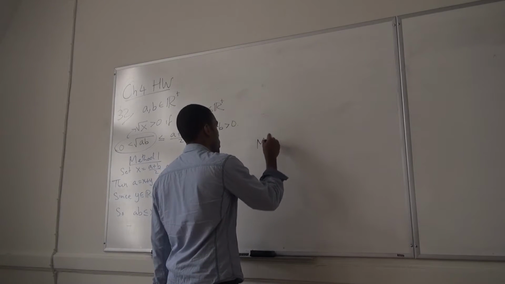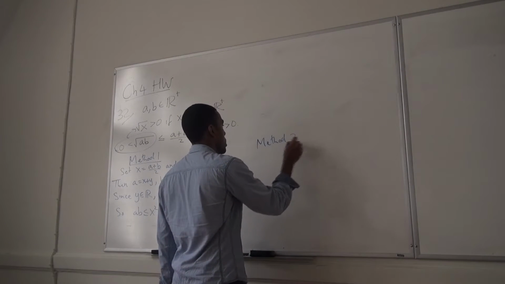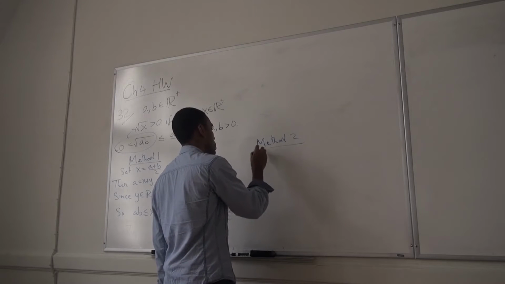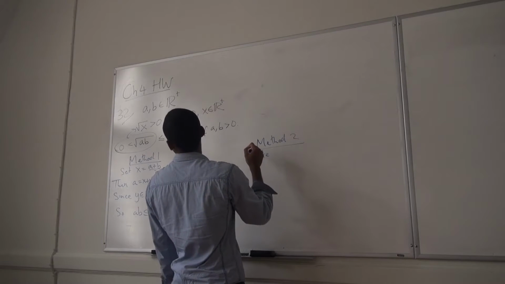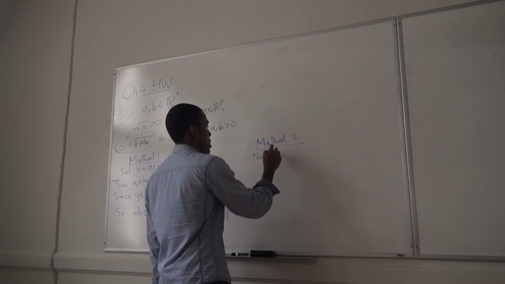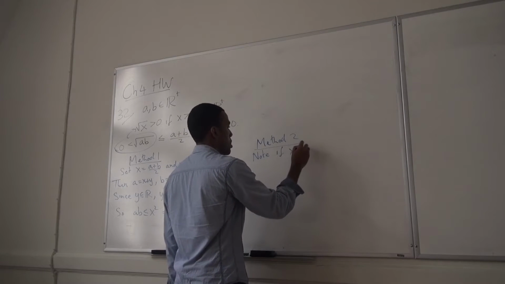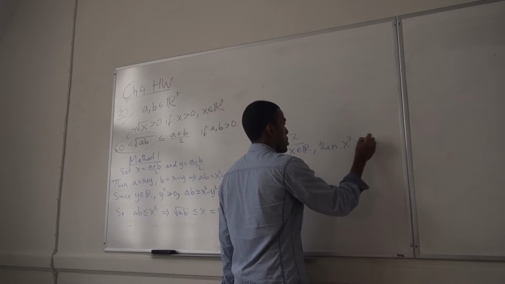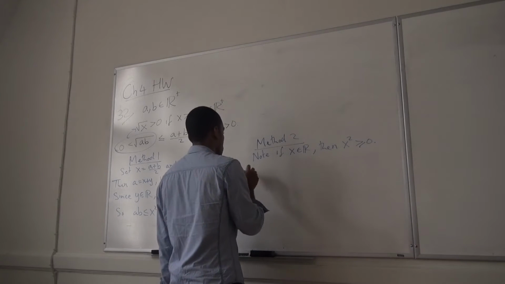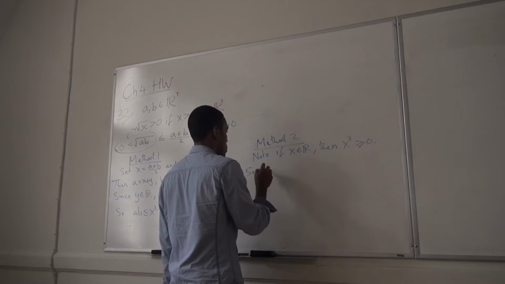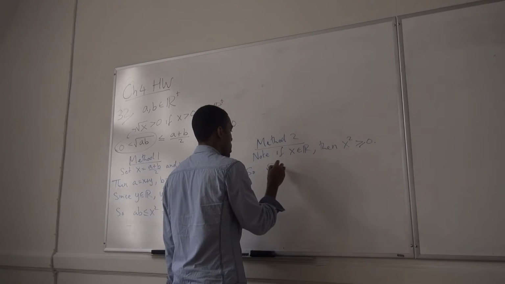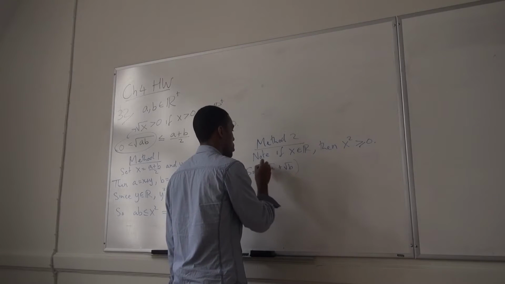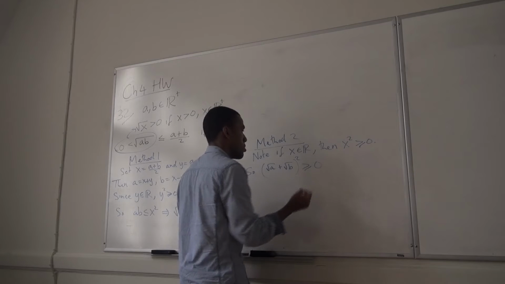Probably how I would have done it was something like this. Note, if x is in R, then x squared is greater than or equal to 0. So I know that (radical A plus radical B) all squared is greater than or equal to 0.